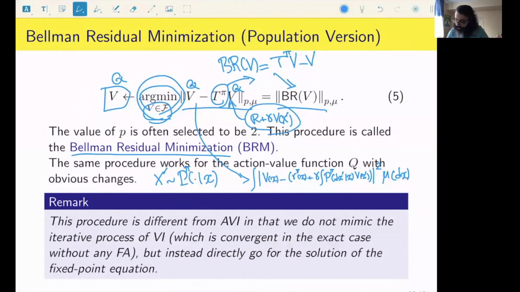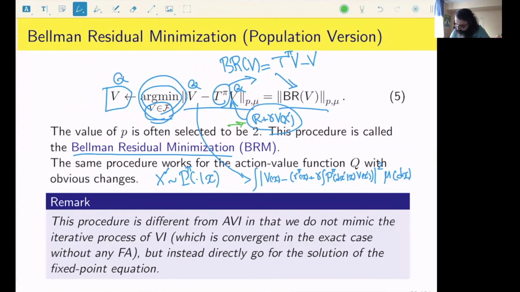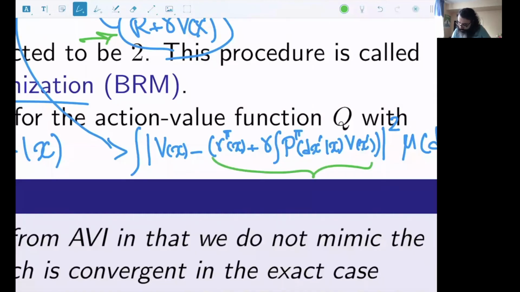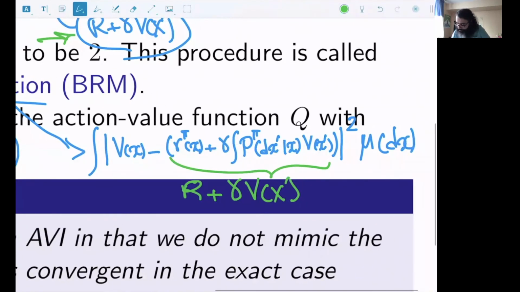And what I'm saying is that the replacement I talked about means replacing this whole part by some reward plus gamma times V(x'), where x' comes from the next state for that particular x, and x' comes from the distribution I wrote before.